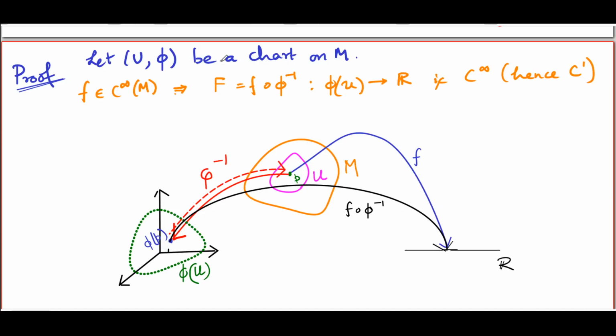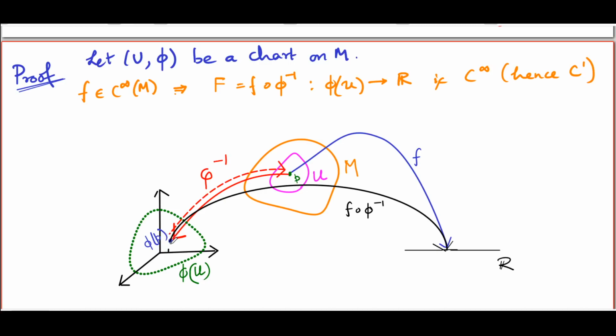Now if u, phi is a chart on the manifold M, denoted by this orange boundary here, and u is this magenta boundary enclosed set, then phi of u happens to be some open subset of Rn. I've shown n equal to 3 simply because that's something we can still show on two-dimensional paper. At least a projection of that can still be shown. You have to imagine that this is actually Rn for some positive integer n.